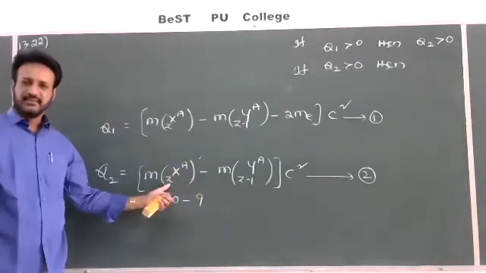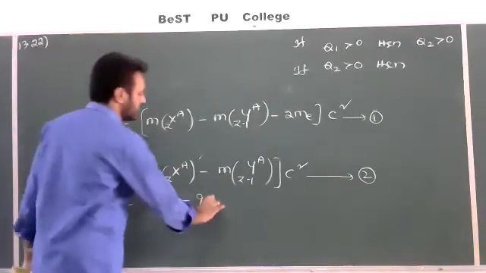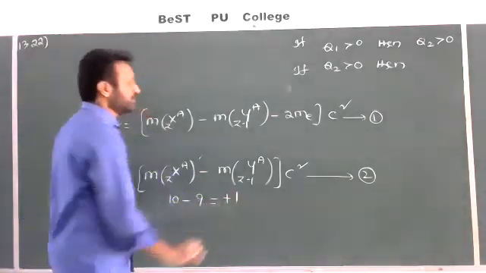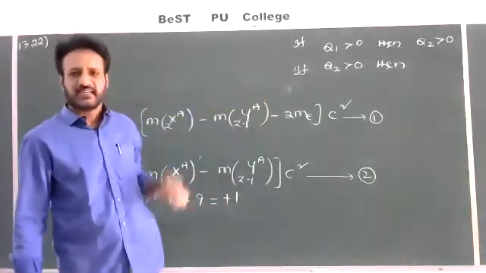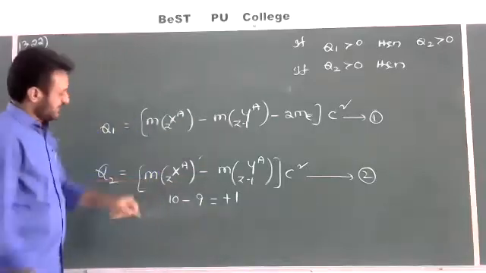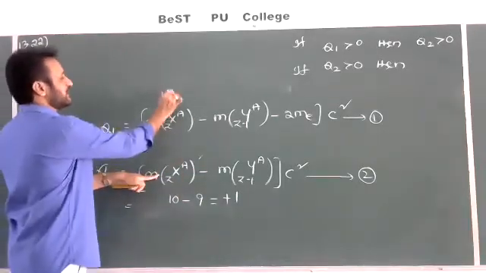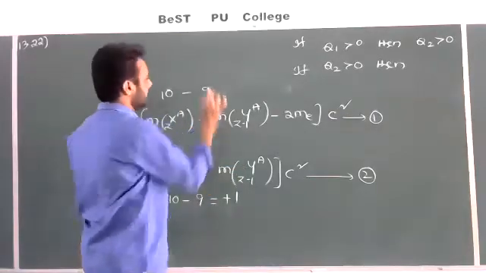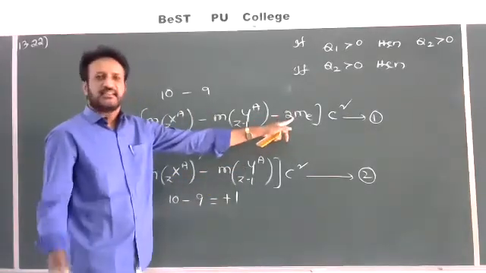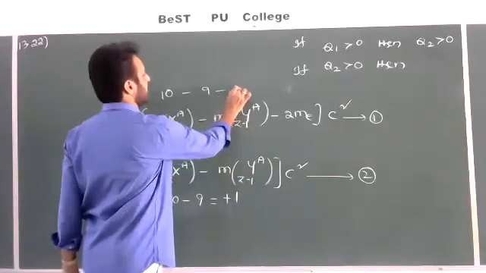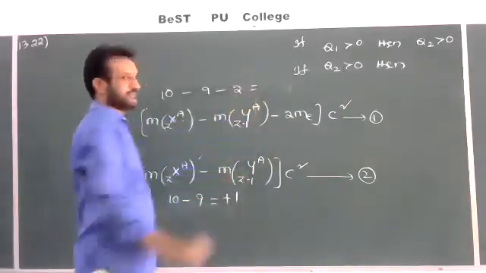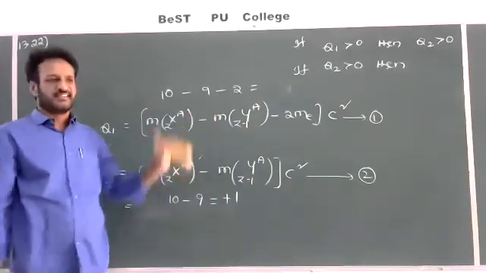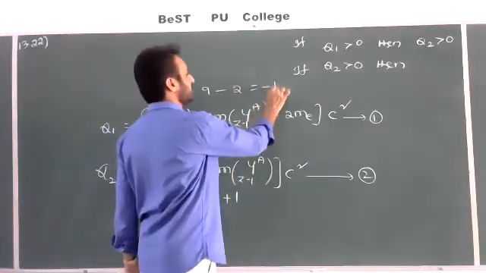So this value 10 and this value 9, then what is the value? Plus 1. So Q2 is clearly greater than 0. Now I'll check this one. If this value is 10, it is also equal to 10. So this value is 9, so this value is also automatically 9. But here extra 2 electrons are there. I'll write some value, for example, minus 2. Now check what we will get. Minus 1. So that is equal to minus 1, you should write.